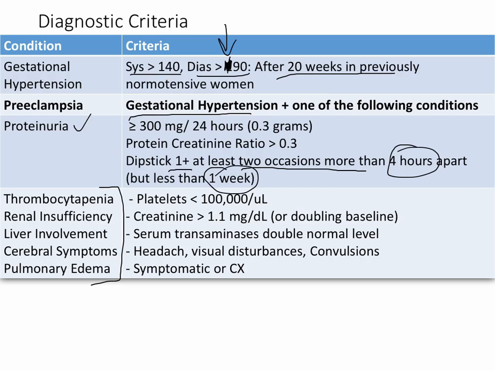However, the gold standard is to do a 24-hour urine, and if that's greater than 300 milligrams of protein, then that's considered proteinuria. That's diagnostic for preeclampsia. Whenever you don't have proteinuria, you can have an atypical preeclampsia with evidence of end organ failure, and that's diagnosed basically from these standards right here.